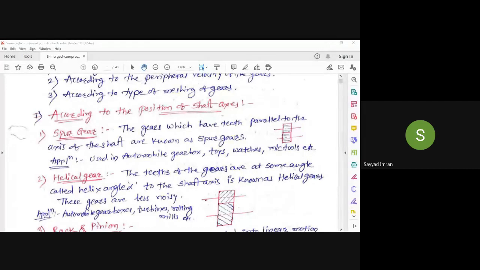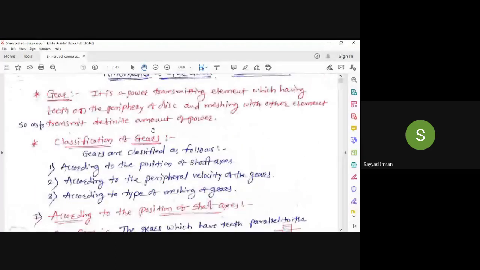At that time you have observed the gears, or if you have visited garages and workshops, you have also observed gears. Gears have teeth, it is a circular disc mostly having teeth on its periphery and meshing with another element so as to transmit a definite amount of power.